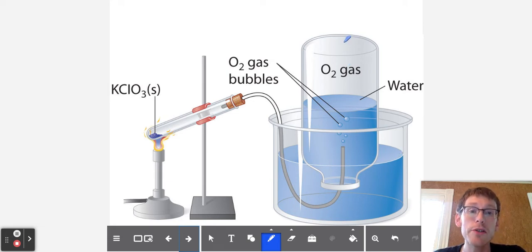But you'd be able to measure the volume of the oxygen gas that was yielded in the reaction based on any markings on this container. If it went down to, say, this mark right here, you would be able to say, oh, it's however many milliliters of oxygen that was produced. So this is a pretty common way of collecting gas and figuring out its volume in a chemical reaction.